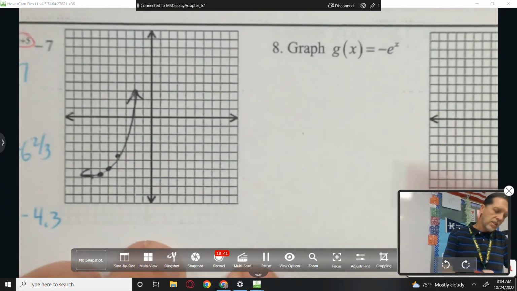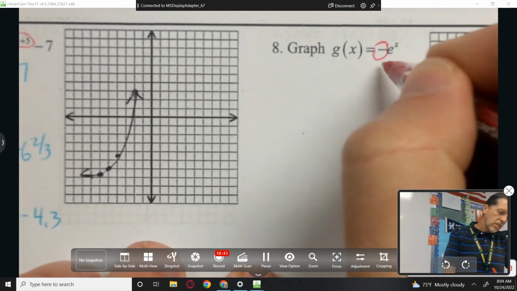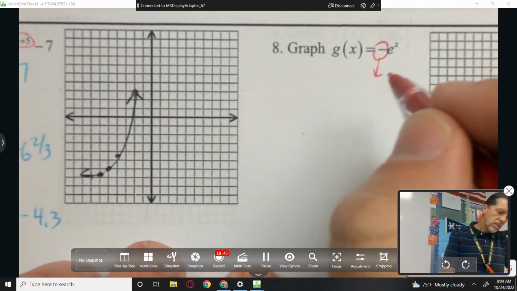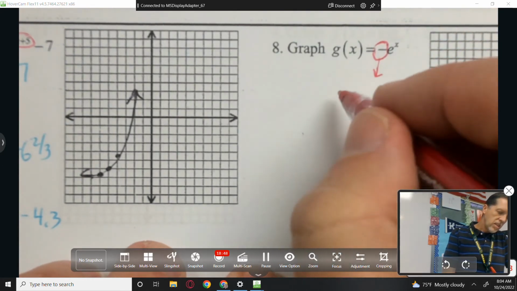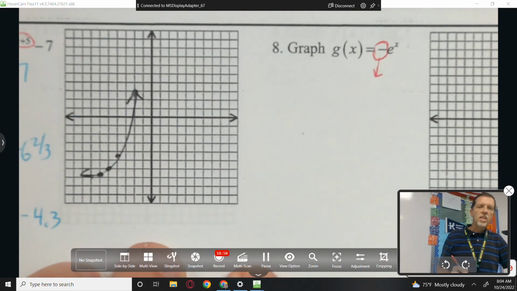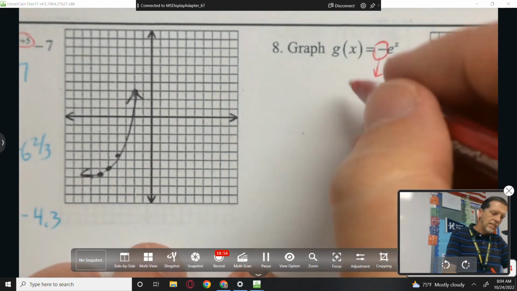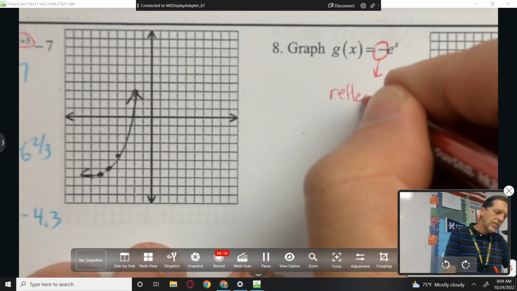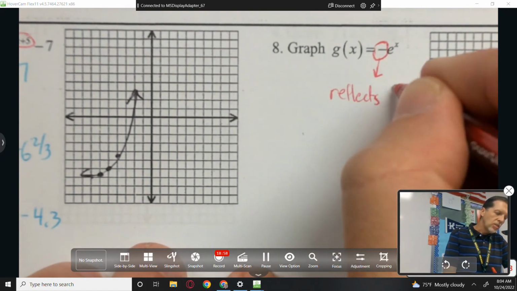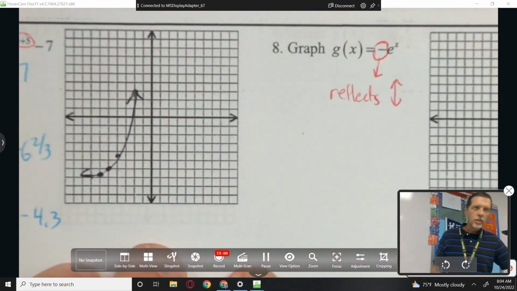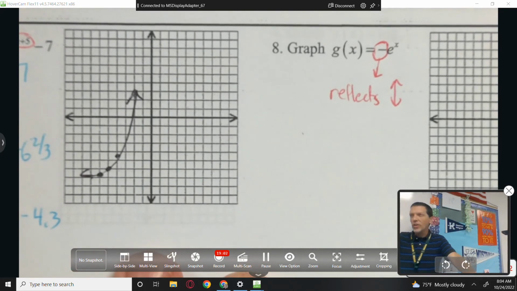Right, number 8. What's that negative do? Yeah, it reflects in the y direction, so it reflects up and down. Technically that means it reflects over the x-axis, but I think it's confusing to phrase it that way.